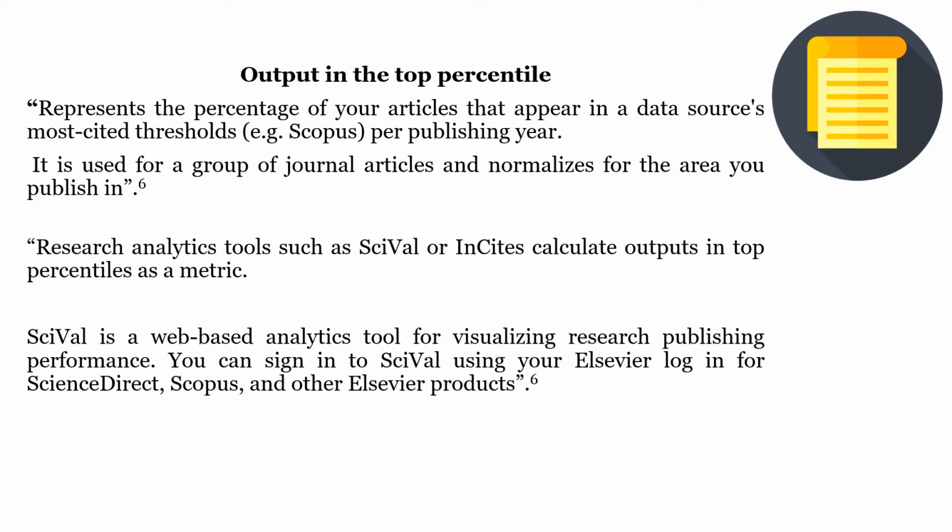Research analytics tools such as SciVal or Insights calculate outputs in the top percentiles as a metric. SciVal is a web-based analytics tool for visualizing research publishing performance. You can sign into SciVal using your Elsevier login for ScienceDirect, Scopus, and other Elsevier products.